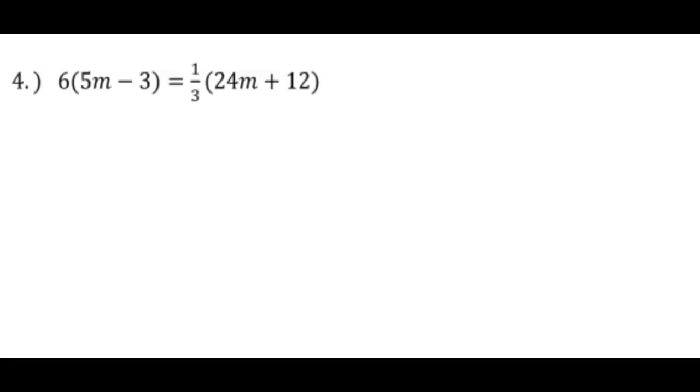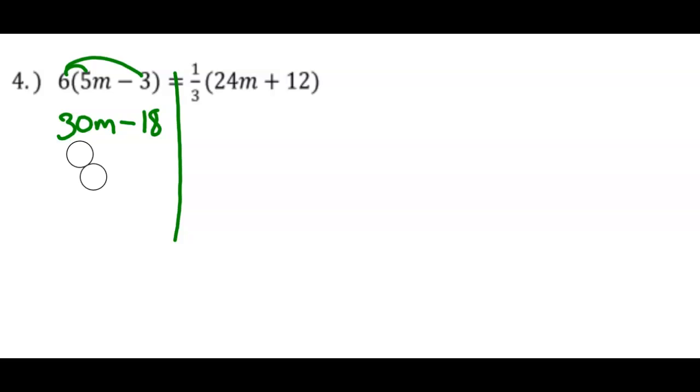Now this one's a little bit different because I've got a fraction out there. I still need to distribute this in, and I need to distribute this in, but you have to think about what's going on here. When I distribute my 6 in, I'm going to get 30m, because 6 times 5 is 30. 6 times negative 3 is negative 18, okay?